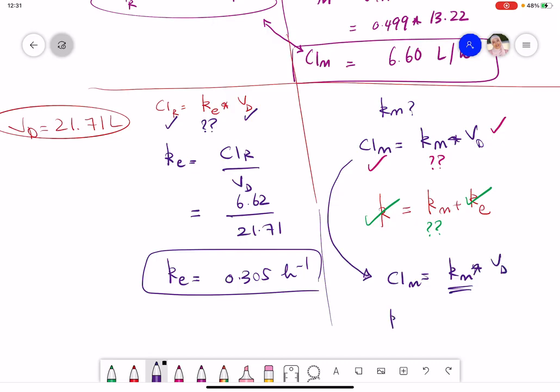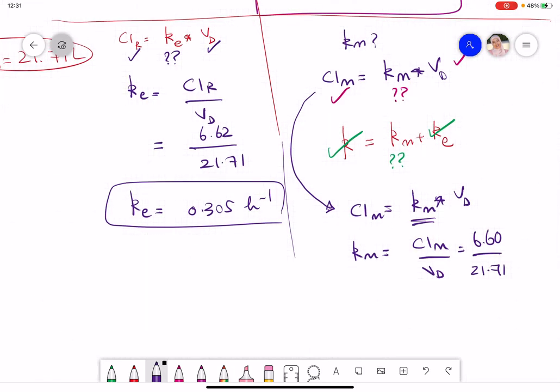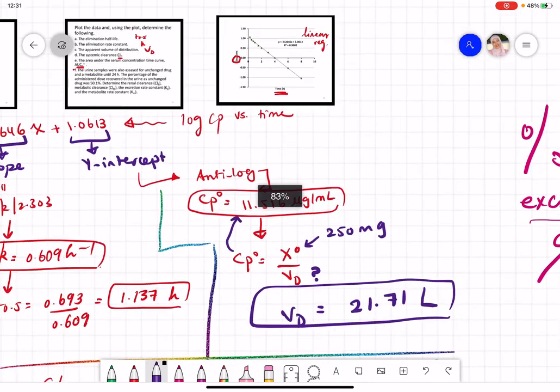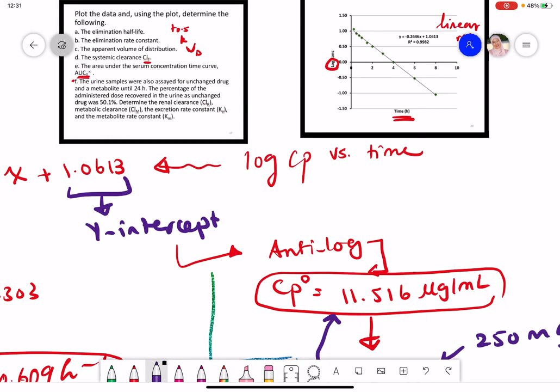Again, we need this, so Km equals metabolic clearance over Vd, which is 6.61 over 21.71, and then Km equals 0.304 per hour. And by this, I think we finished the question, right? Yes, we finished the question.